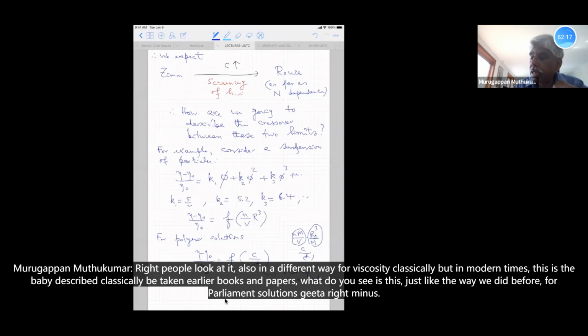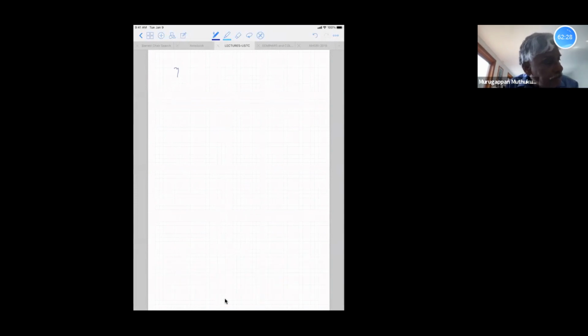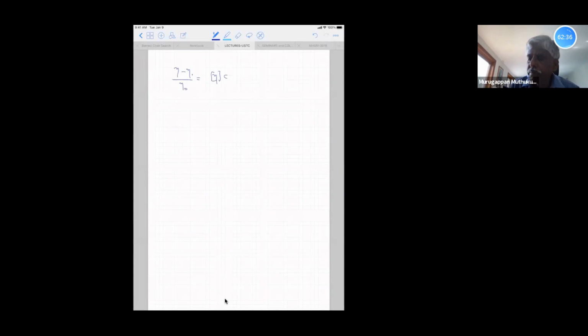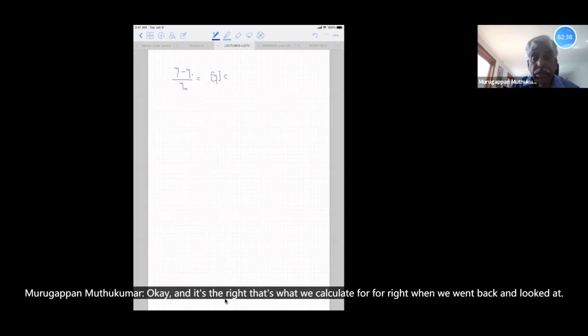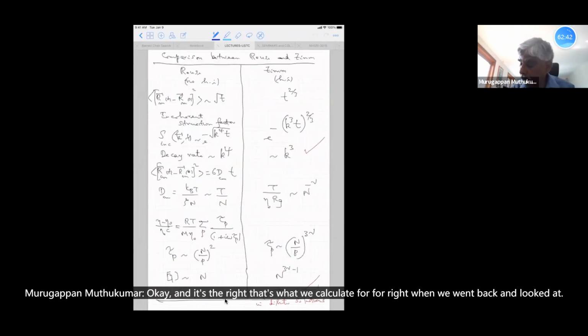Classically, if you take earlier books and earlier papers, what you see is this. Just like the way we did before for polymer solutions, eta minus eta naught by eta naught is, remember, intrinsic viscosity times concentration. That's what we calculated so far, when we defined the intrinsic viscosity.